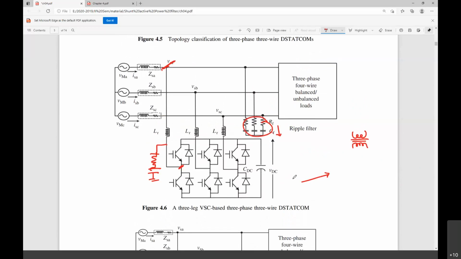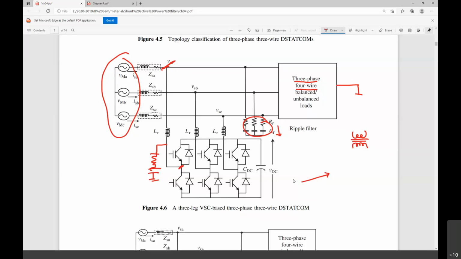In this case, especially in a load point, they mentioned a three-phase, four-wire, balanced and unbalanced load side. With respect to the source side, there is no neutral over here. With respect to the load side, there is a neutral over here.